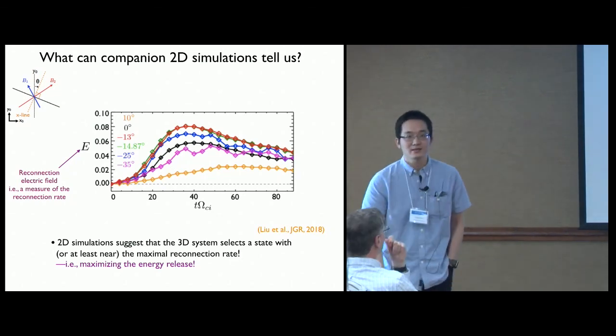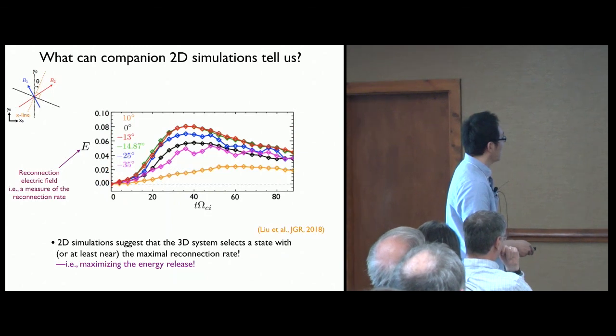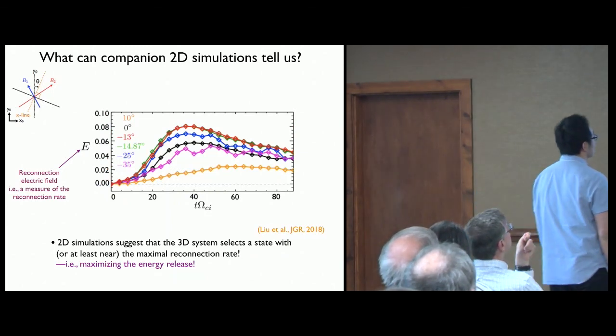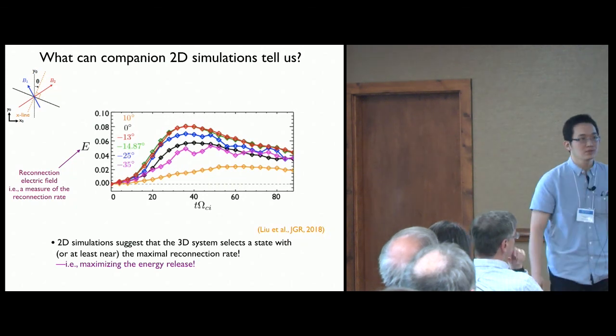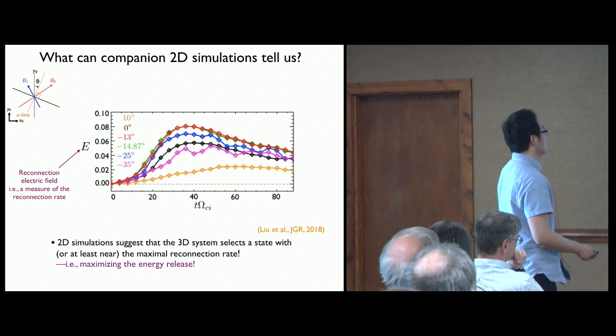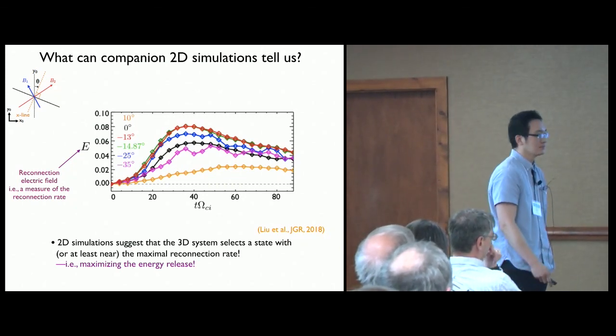That's why I say that our system, at minus 13 degrees, is actually trying to maximize the reconnection rate. It makes sense because reconnection rate is associated with energy release, so by maximizing the reconnection rate, we maximize the energy release.